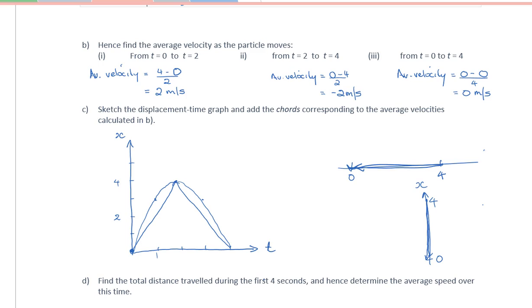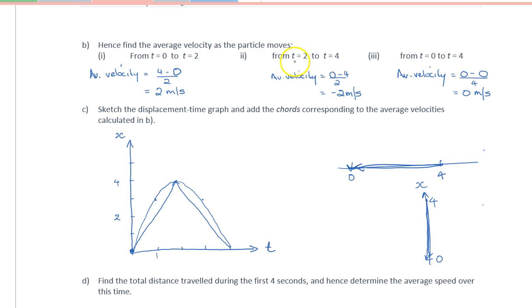It asks to put on the chords corresponding to the average velocities. So this average velocity is the chord connecting the displacement at times 0 to time 2, which the displacement was up there at 4. And you can see it's a nice positively sloping chord, and we've got a positive velocity.